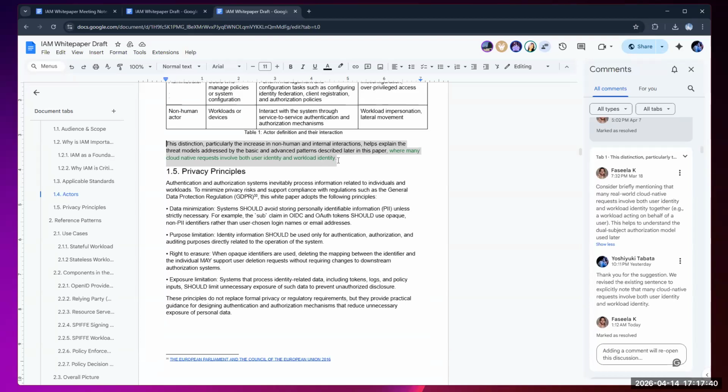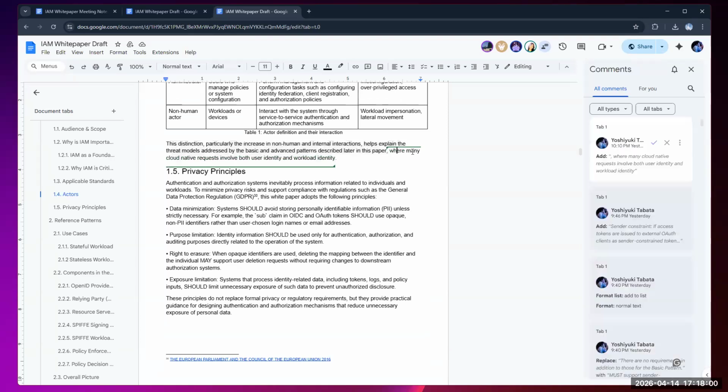So here, I added only this expression, where many cloud native requests involved both user identity and workload identity. It is marked as resolved. What do you think about this change, Hiroyuki? It's okay. How about Satoru? Yeah, I'm okay with this change. Okay, so I accept the suggestion.